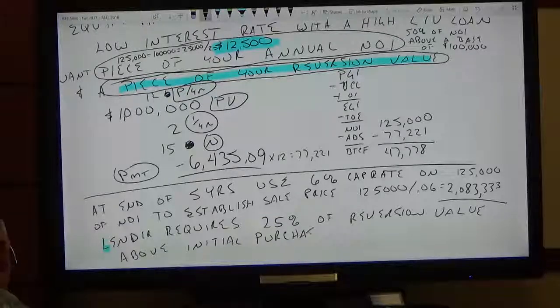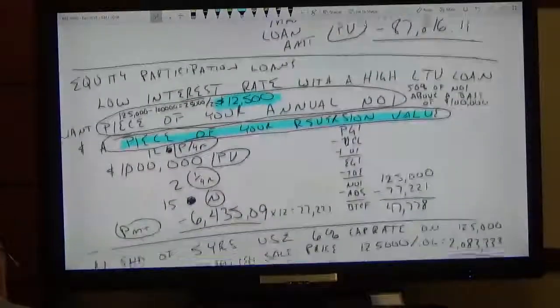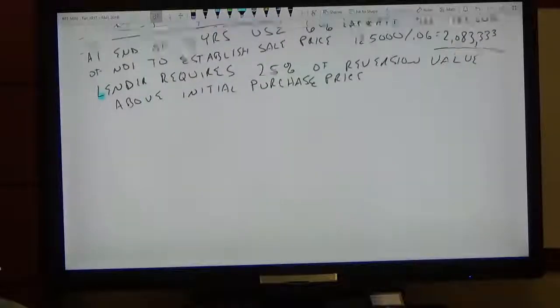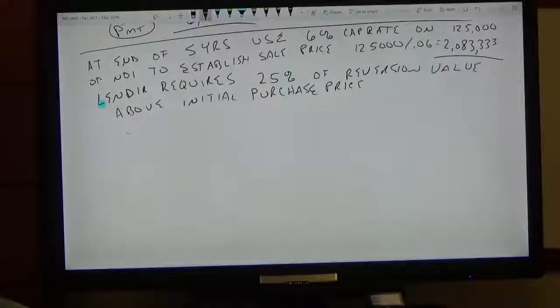So in this one, all we know about is the original loan amount. We don't know that that was the purchase price. So we could say the purchase price was something greater than that. Let's say the purchase price was 1.5 million.